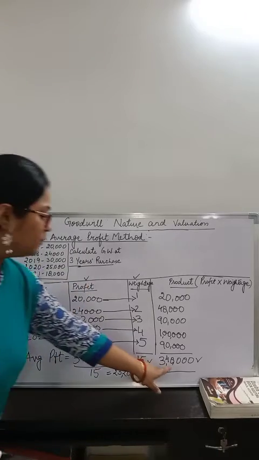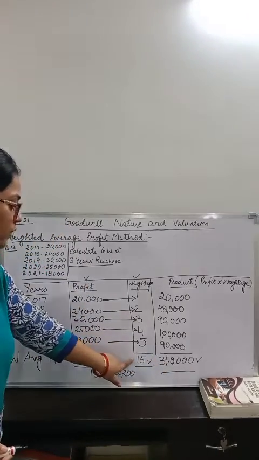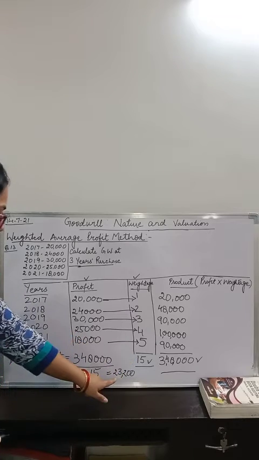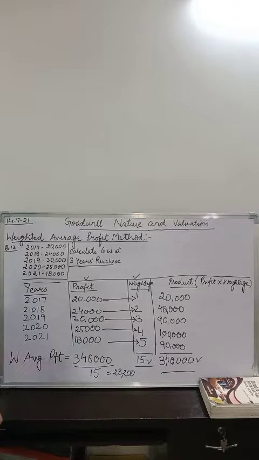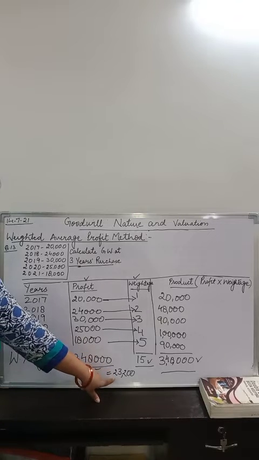We will divide simply this sum with the sum of weightage. So this is the average profit or the weighted average profit of the firm.